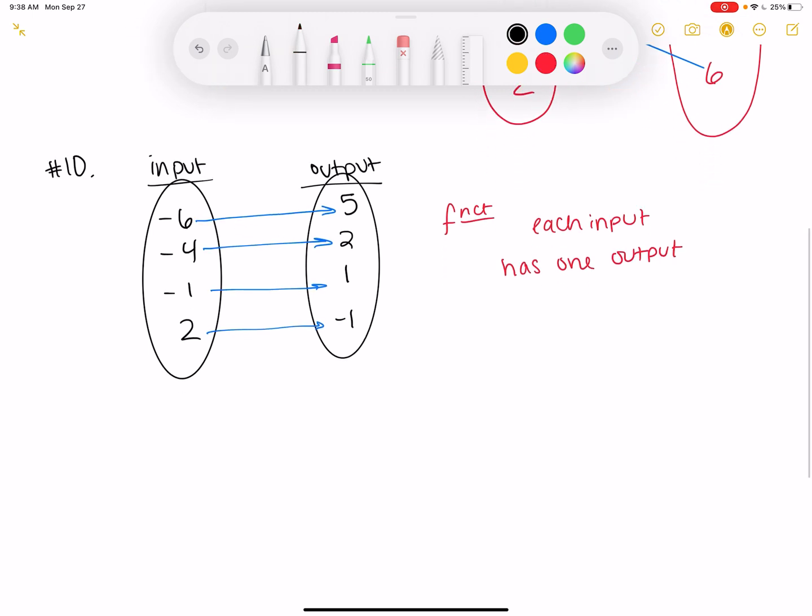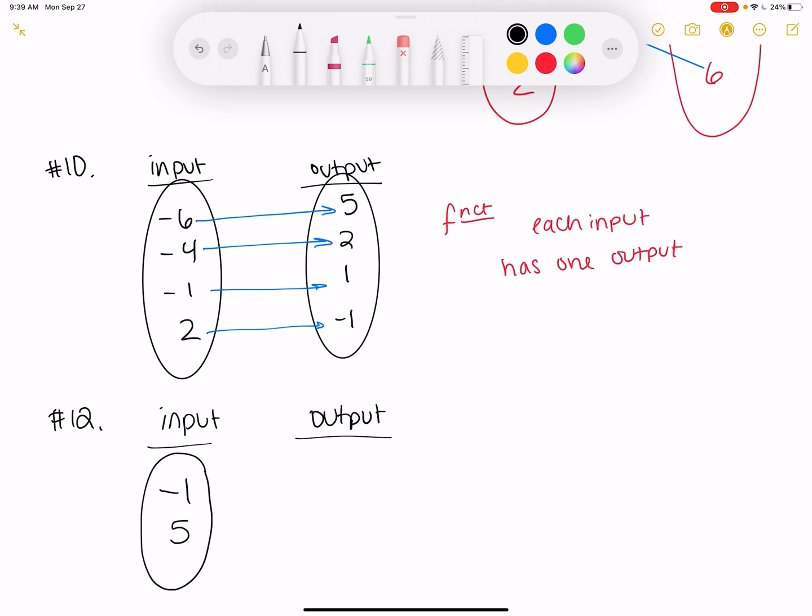So then number 12, we've got -1 and 5, and 4, 2, -1, -3.